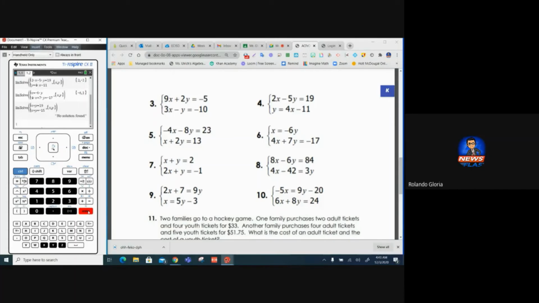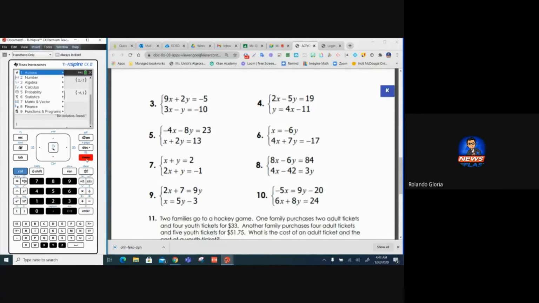And we hit enter. See, no solution found. That means that when you graph these, the lines will be parallel and there is no point of intersection. So that's how no solution looks when it comes to a linear solve, or LinSolve.